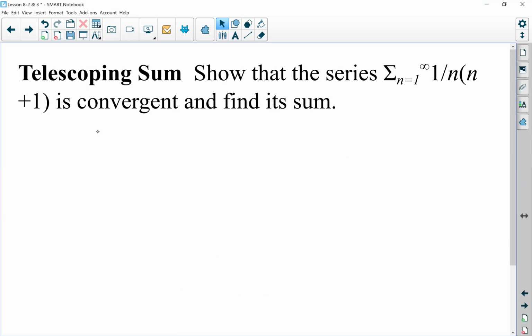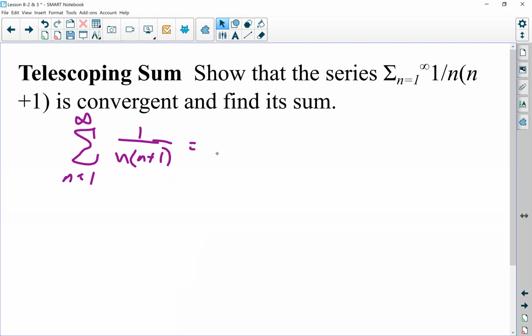So if we write out a few terms, right, that's kind of worked for us in the past.